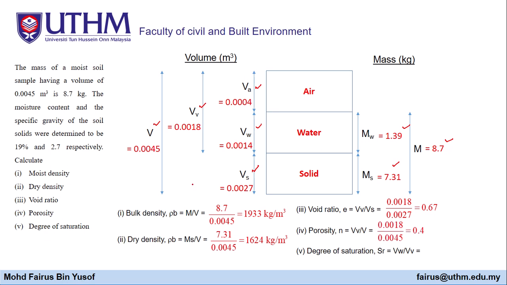Then the porosity is 0.4. The degree of saturation, SR, equal to VW over VV. We know that VW equal to 0.014 and VV is 0.018. Then we can calculate the degree of saturation equal to 0.78 or 78%.